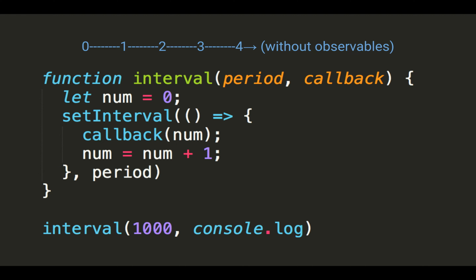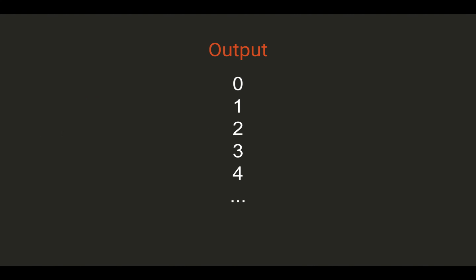So the last line is just an example of using it, where we say every 1,000 milliseconds we will console.log each of our values. The console log function we will call an observer. So the output of running this is 0, 1, 2, 3, 4, and on and on and on.